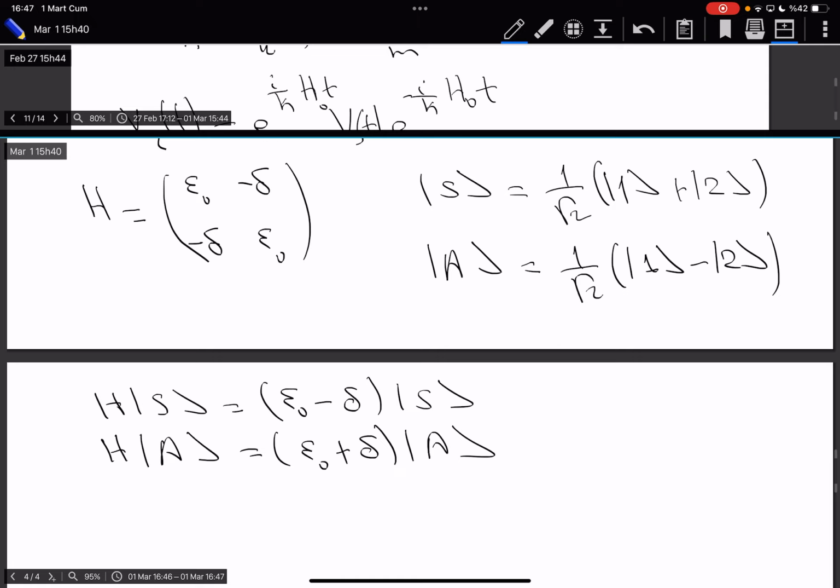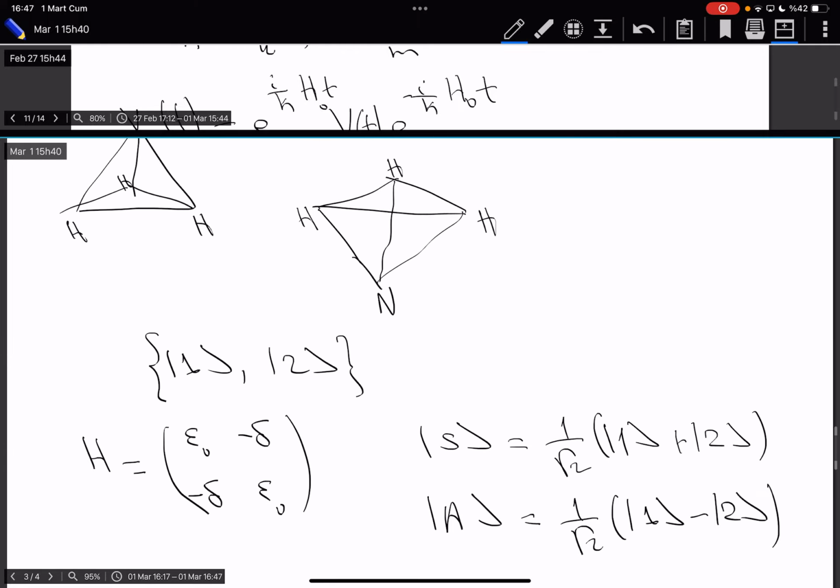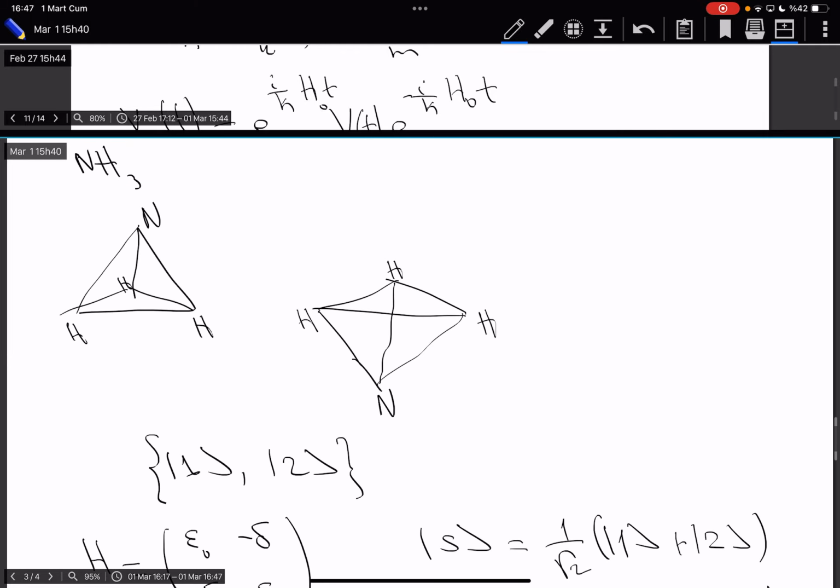The reason why the anti-symmetrical state should have a higher energy is that you should just consider the nitrogen, the wave function of the nitrogen atom itself. Let's just assume the hydrogens are fixed. Then what is the wave function of the nitrogen? The symmetrical wave function will look like this. This is the midpoint.